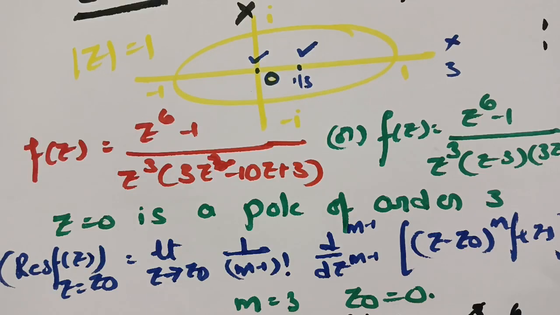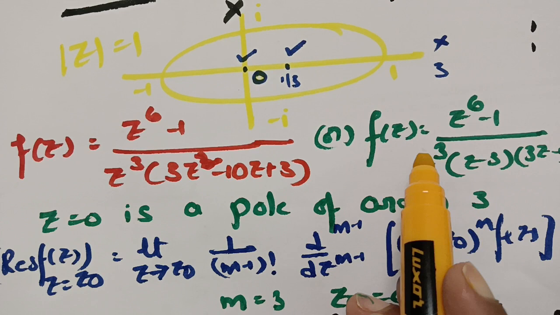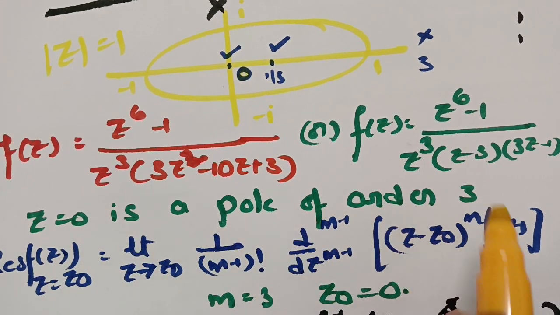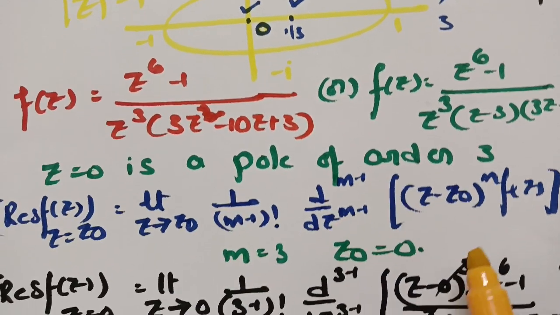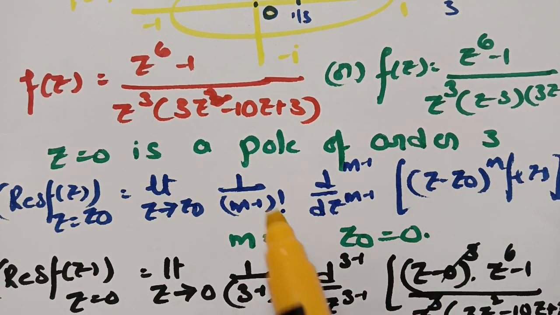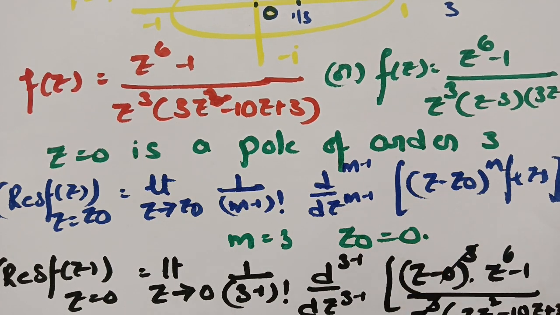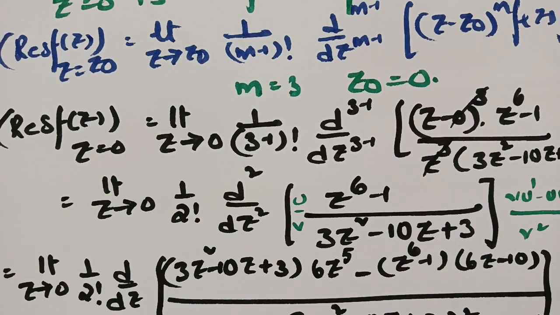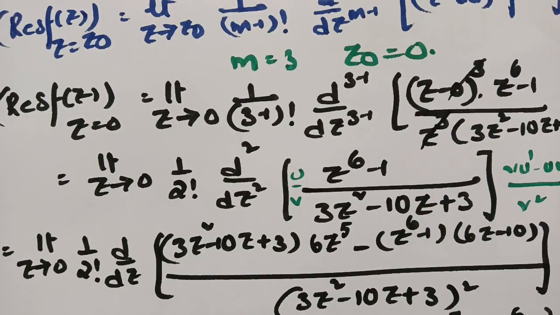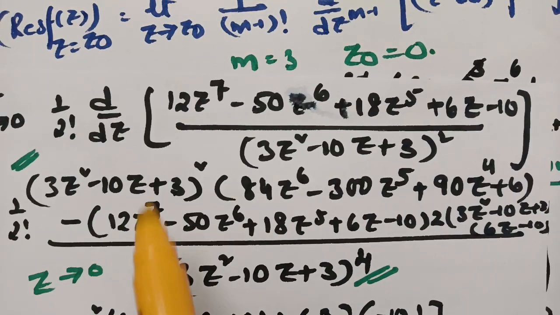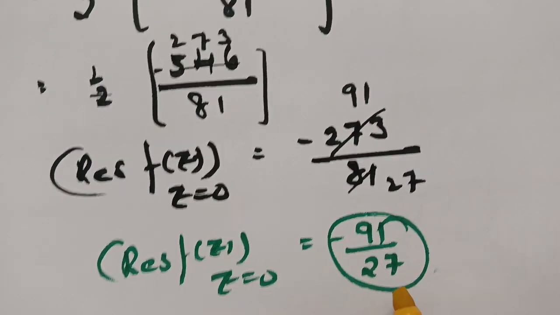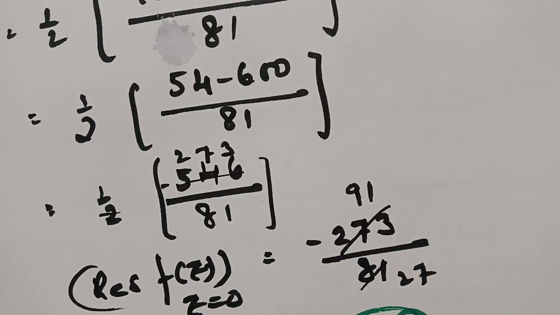We frame f of z like this, and z equal to 0 is a pole of order 3. For order 3 this is the formula, where 3 is the order and z naught is the pole value. After substituting and differentiating twice, the first and second derivatives, we got minus 91 by 27.